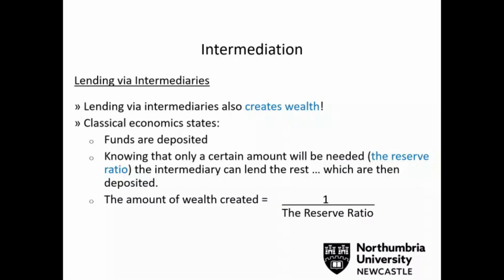So that means they only need to hold back a certain amount, which we know as the reserve ratio. So banks will model it and understand that they only need to hold back a small proportion of this surplus, and then they can lend out the rest. And it's this lending process which is where the wealth creation happens.